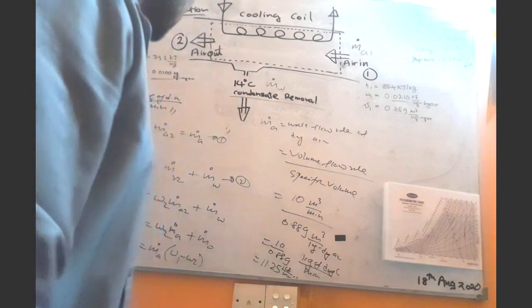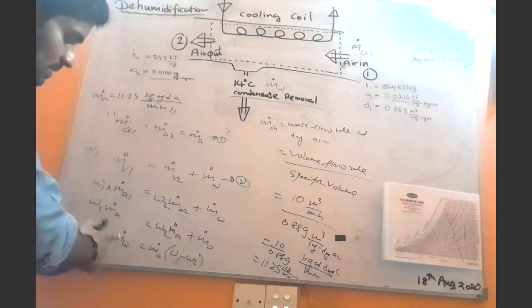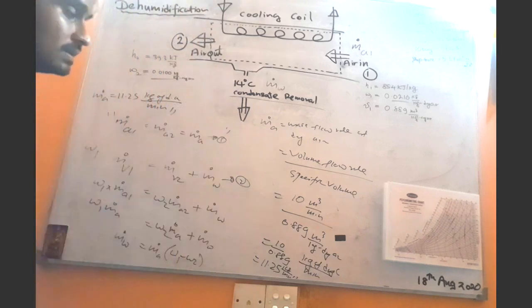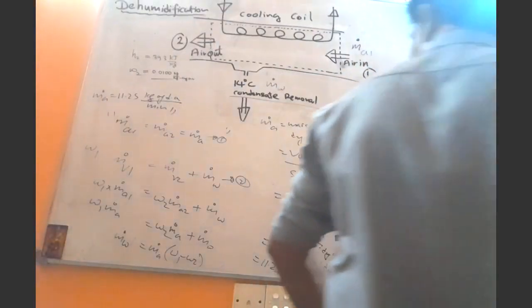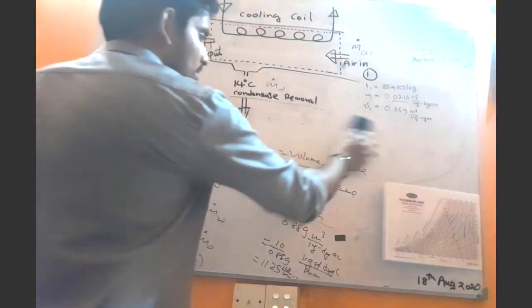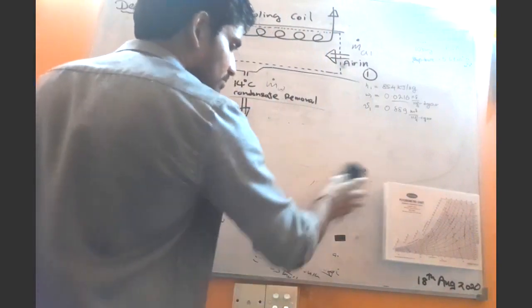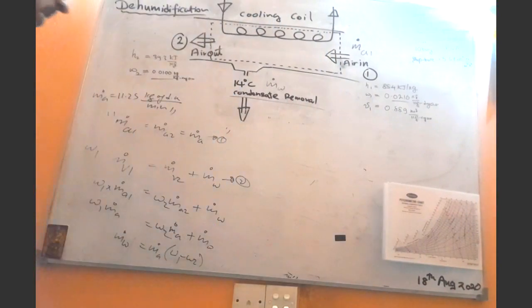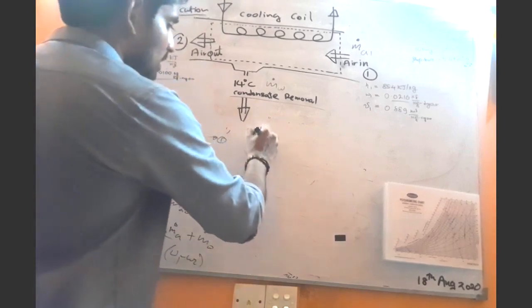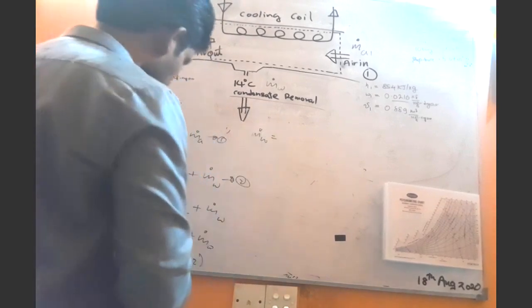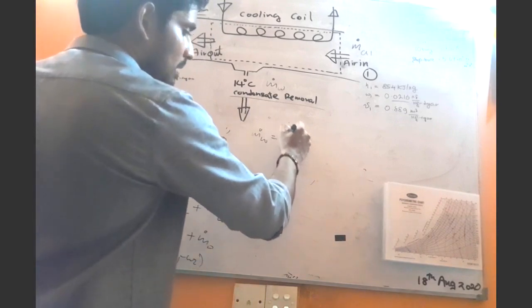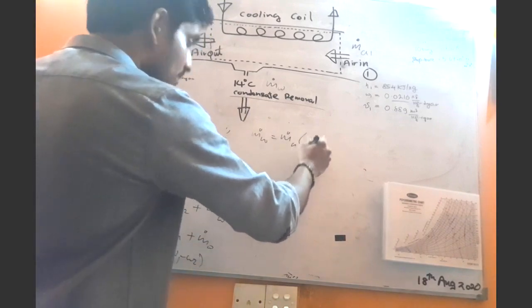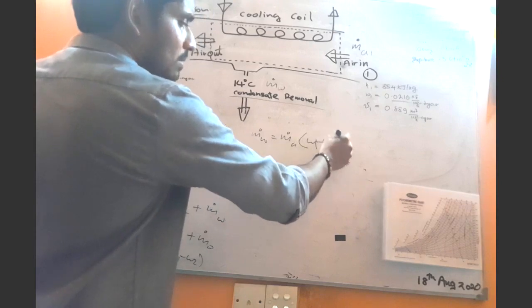Okay. So now we can find the rate of condensate removal, mw dot. Let's see how to find that. I will erase this. So mw dot equals ma dot times omega 1 minus omega 2.